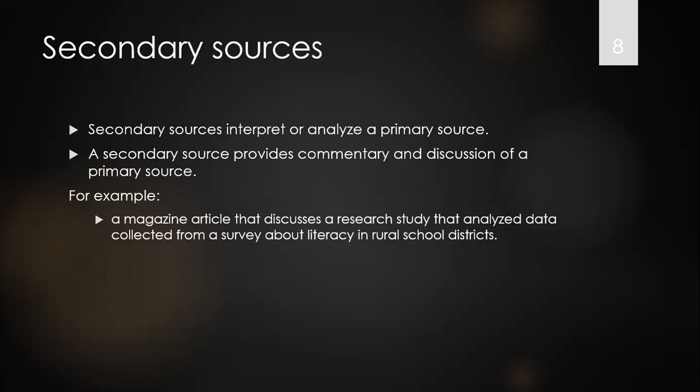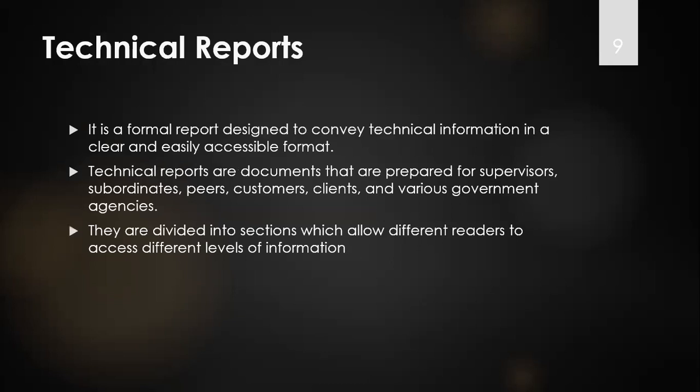The secondary sources provide commentary and discussion of a primary source. For example, a magazine article that discusses a research study that analyzed data collected from a survey about literacy in rural school districts would be an ideal secondary source of information.